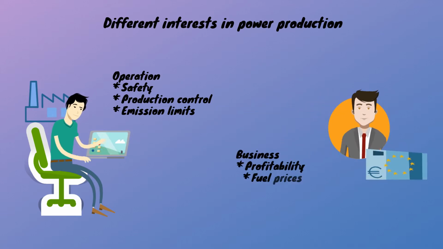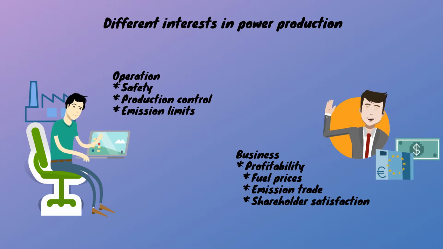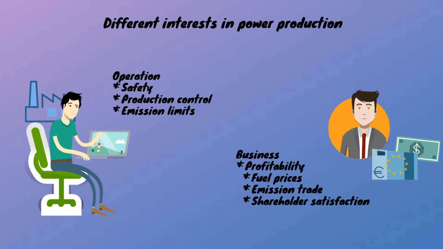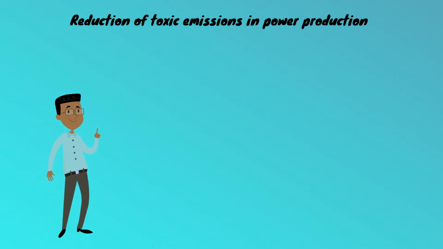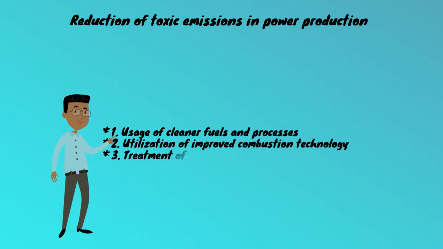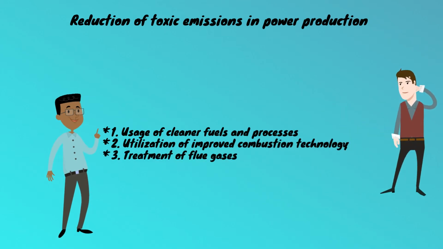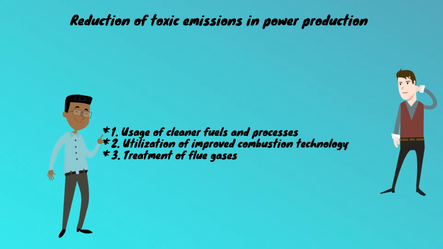In businesses, the profitability with its fuel prices and emission trade plays an important role. Principally, there are three different ways how to reduce toxic emissions from energy production. Firstly, we may use cleaner fuels and processes. Secondly, we may utilize improved combustion technology, and thirdly, we should treat flue gases.